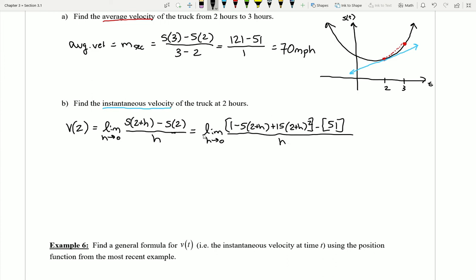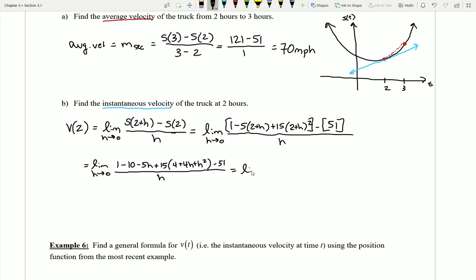Let's see what we come up with when we simplify this down. I'm going to simplify my numerator as much as possible. I'm going to get 1 minus 10 minus 5h, so that's what I get when I distribute. Then I'm going to get 15 times, and I have to multiply out this quantity: 4 plus 4h plus h squared. Hopefully you can confirm that is indeed what you get. And I still have my minus 51 up there.